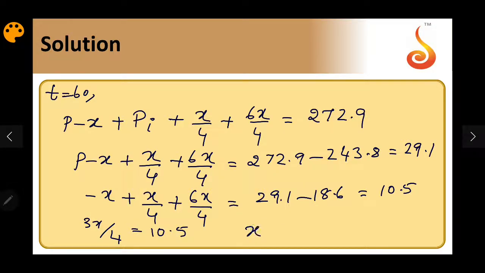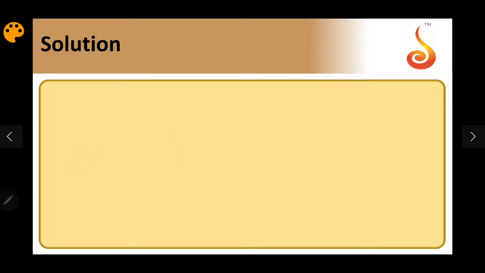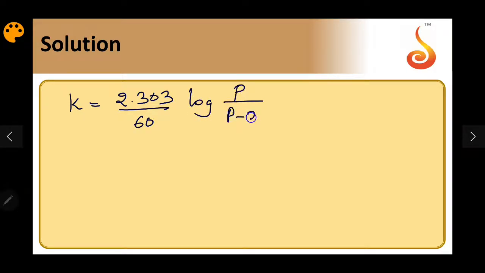So x I can get as 14. Now I know what P is, I know what x is. I can directly apply in the rate constant. So what happens to the rate constant? Rate constant K is equal to 2.303 by 60 into log of P by P minus x.